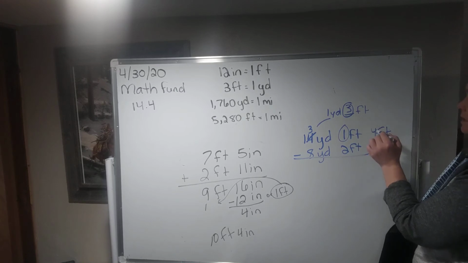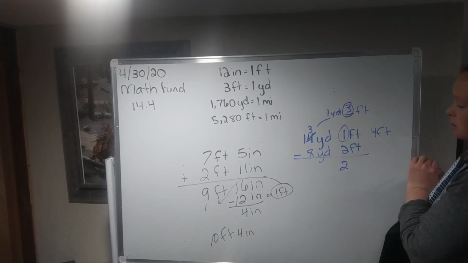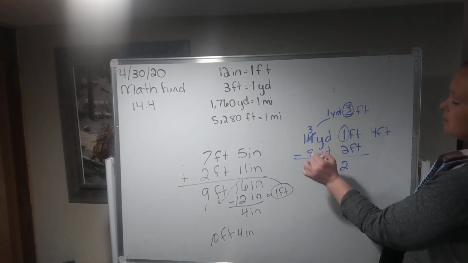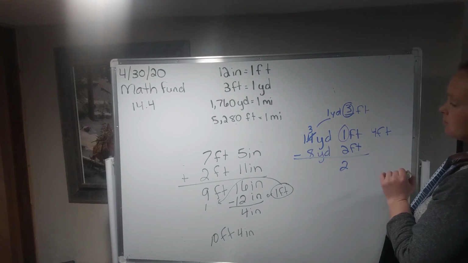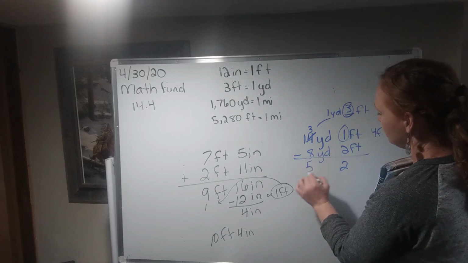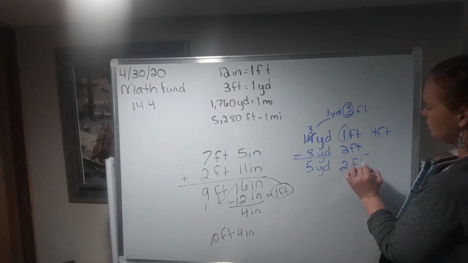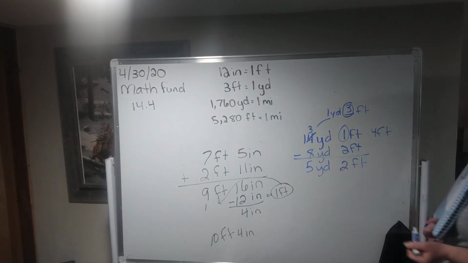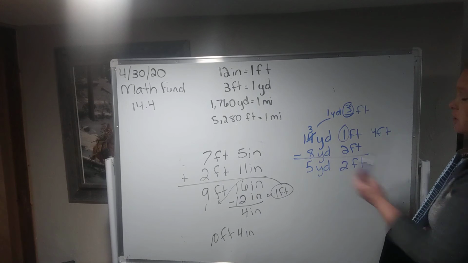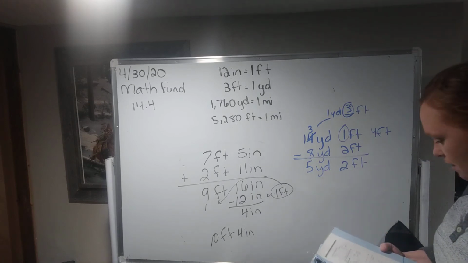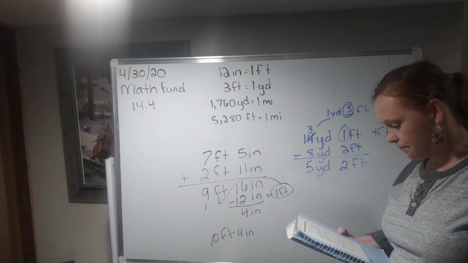Okay, so now I can say 4 minus 2 is 2, and 13 minus 8, is that 5? 5 yards, 2 feet. I look at this, I'm really happy with my answer. It's reduced, and so I can leave it like that, 5 yards and 2 feet.